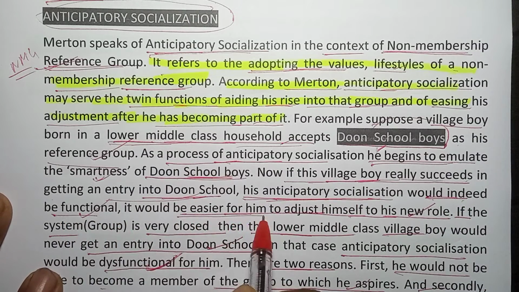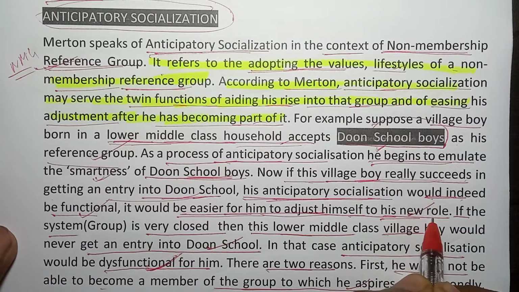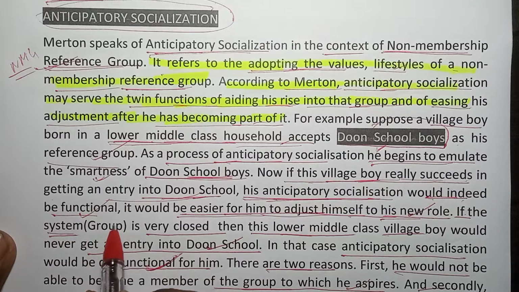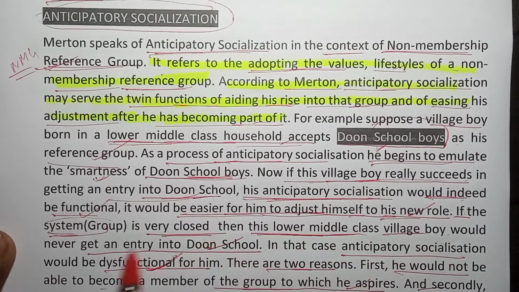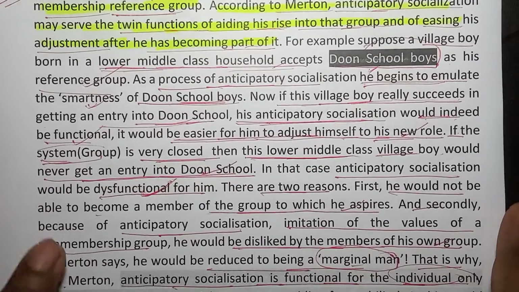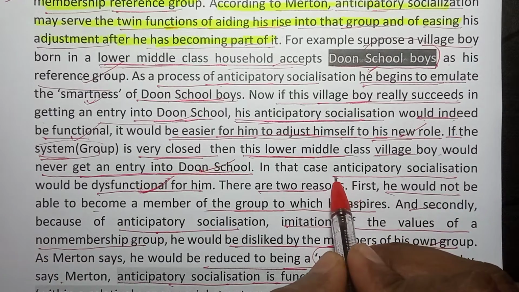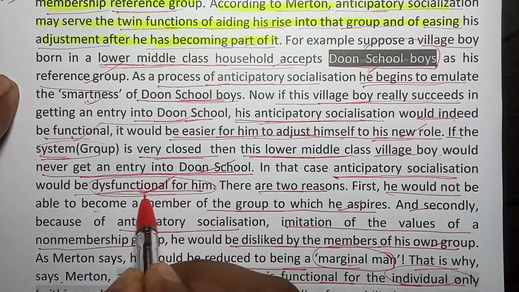It would be easier for him to adjust himself to his new role. If the system, that means the group, is very closed, then this lower middle class boy would never get an entry into Doon school. In that case, anticipatory socialization would be dysfunctional for him.